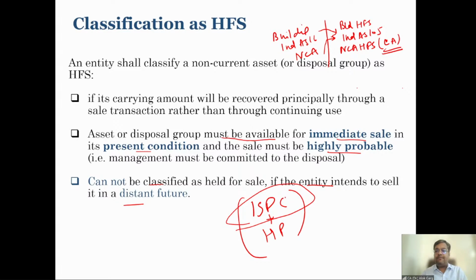I told her, no, I don't want to sell it right away, because I am thinking of putting one more floor into the building, and then I will sell it. Tell me, is it available for immediate sale in the present condition? It is available for sale, but is it available for immediate sale in present condition? I'm saying no.